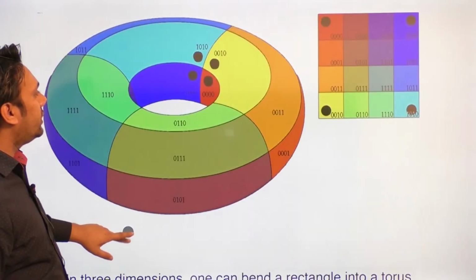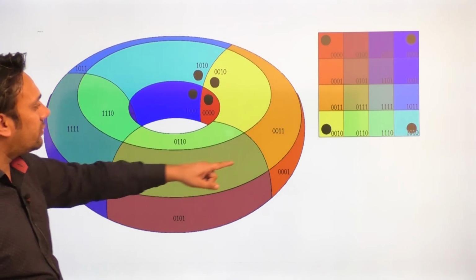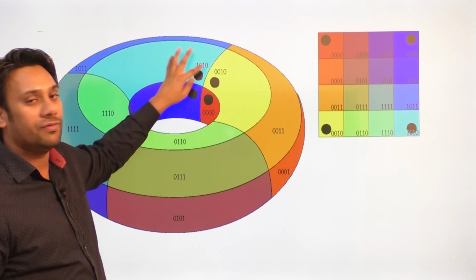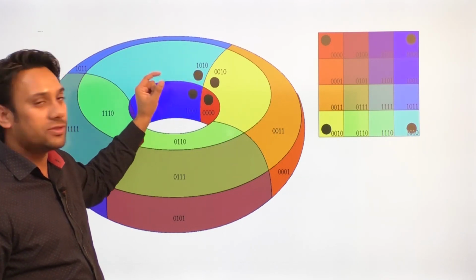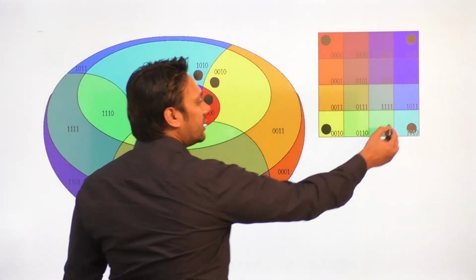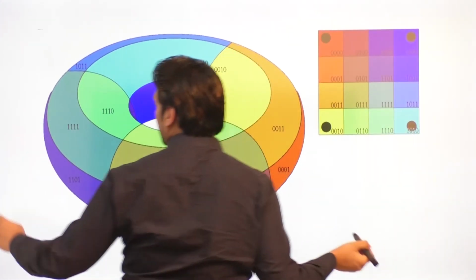So when you do it something like this, all of your corners will come together, and if the value of this corner is 1, let me just write it down here.